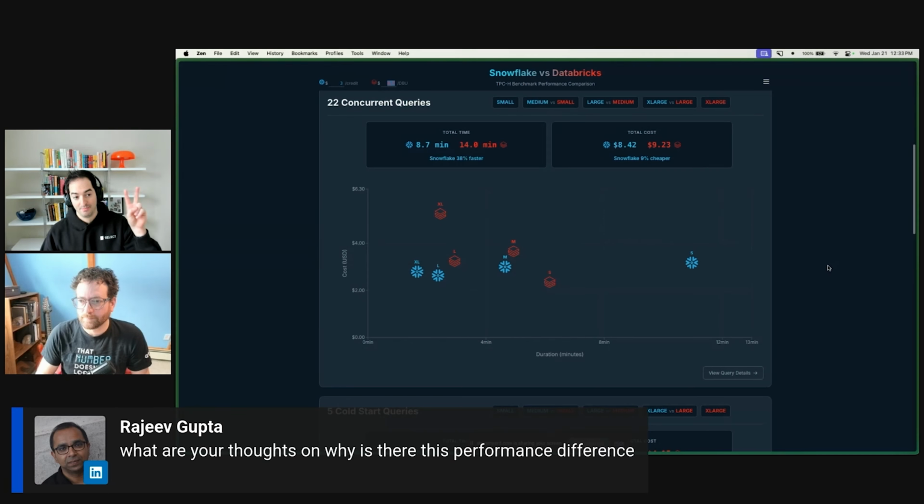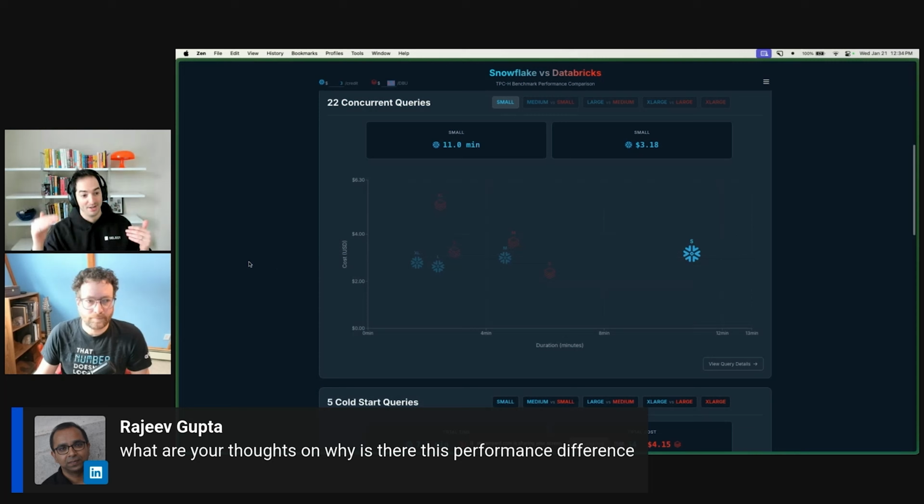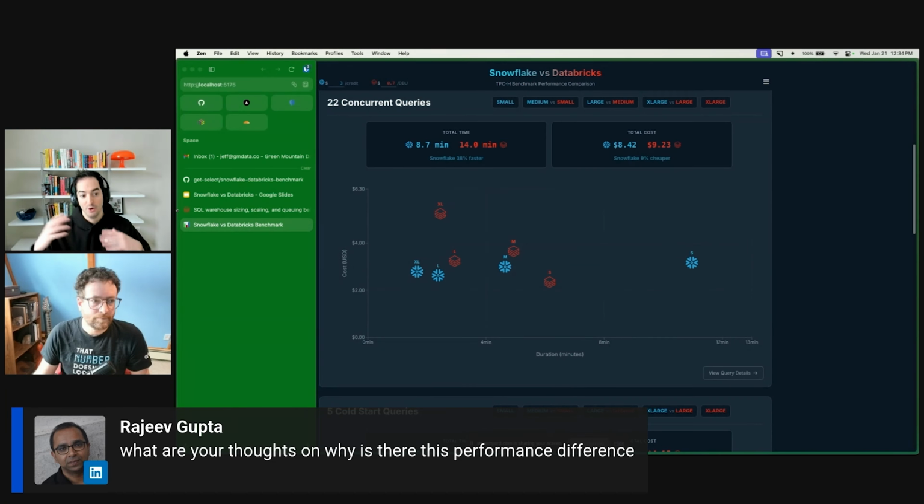There's more, but two of them are the size, which we've shown here, and the cluster count, which is how many copies of the warehouse Databricks or Snowflake can create to serve this big influx of queries. So another factor in this experiment is how well Snowflake scales up to serve those queries, and how effectively it scales down to keep cost effective. Those are two different things being measured here.